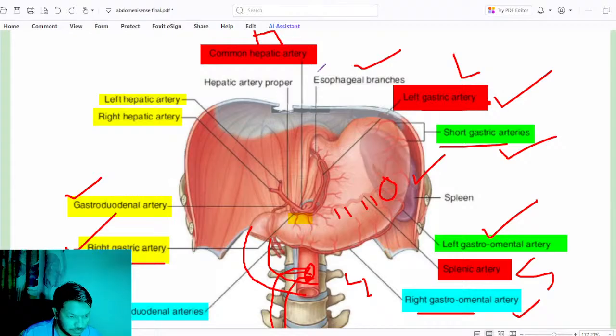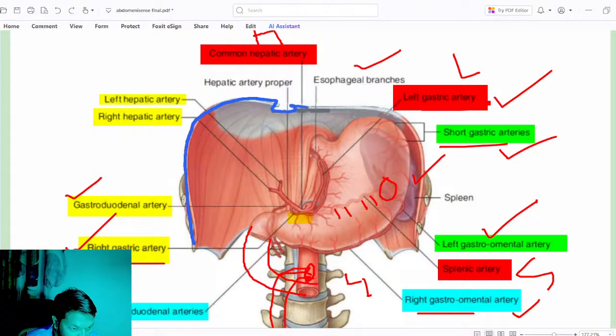Now, this is very important for MRCS, every part. We should not forget the blood supply of the stomach. Very easy if you remember the previous. This is the diaphragm, right?